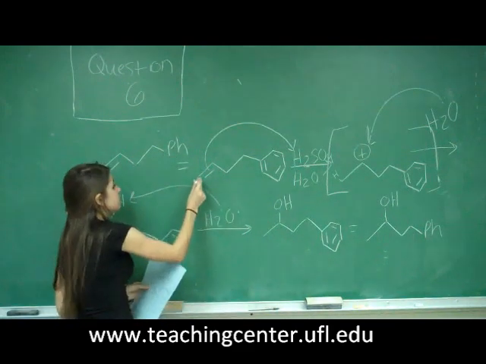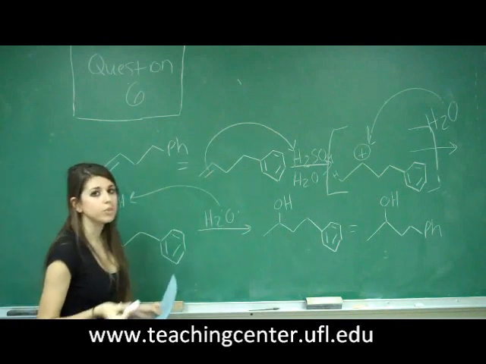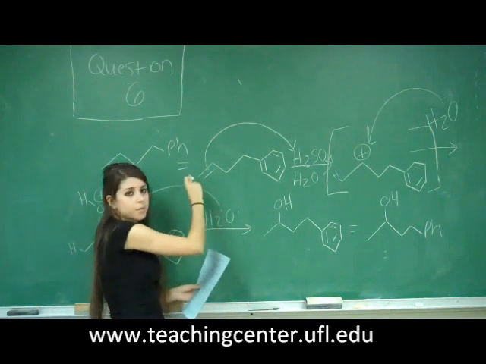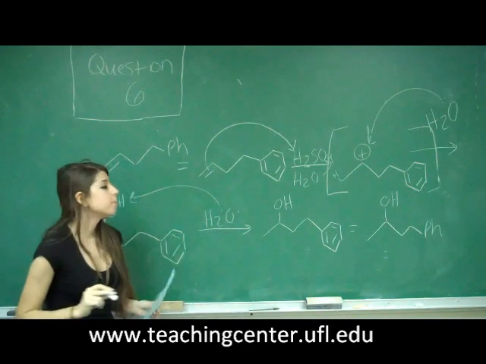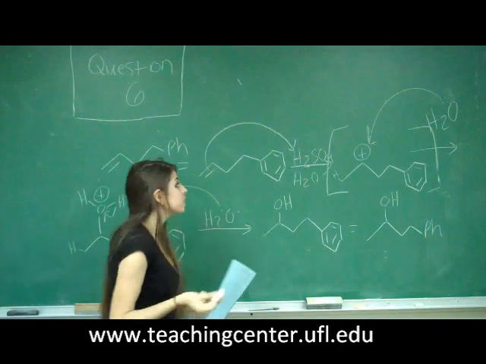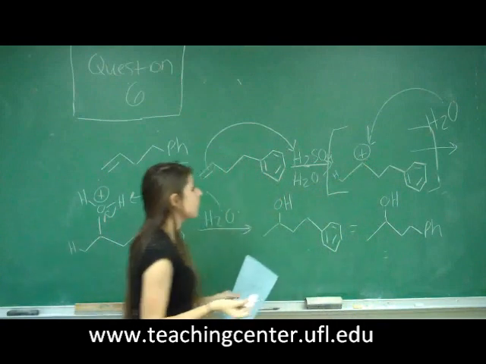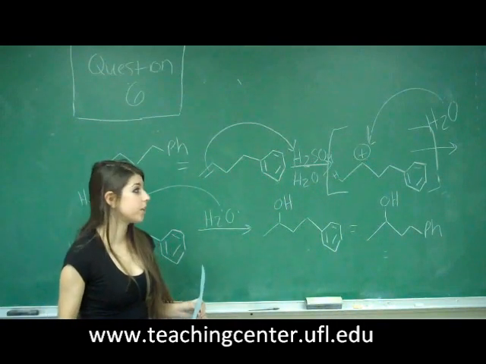Here we had a choice between primary and secondary. You could very well get a minor product with a carbocation on the primary, but here we're just looking for the major product. So here we put it on the more stable position, which is the secondary, and then we look, okay, can we shift anywhere to get better?